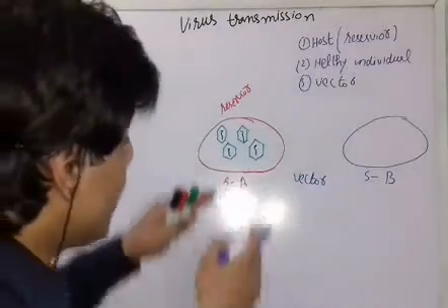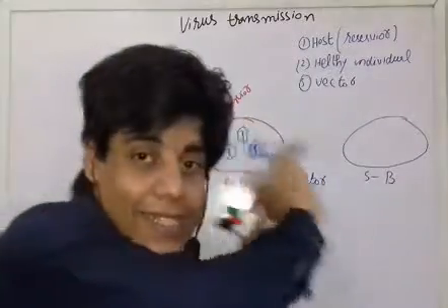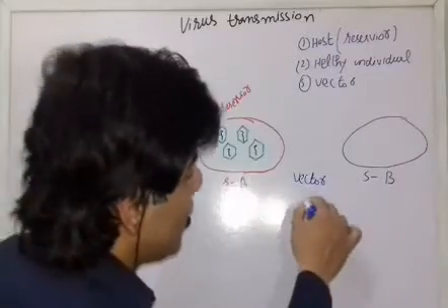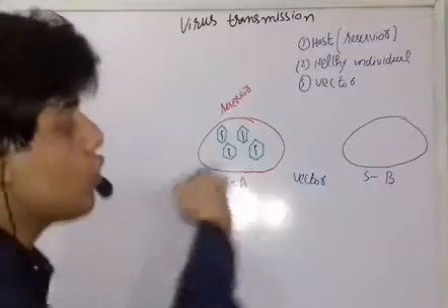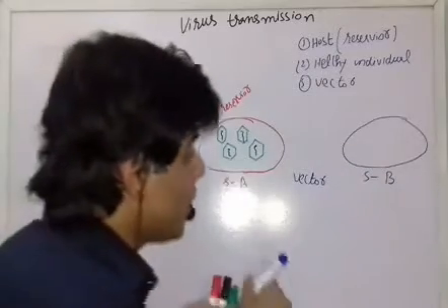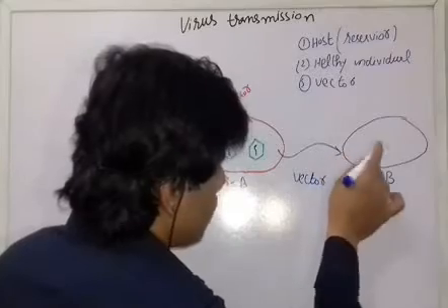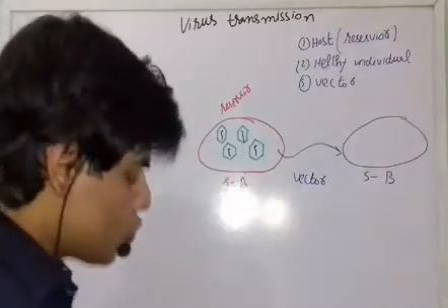The vector has the ability to take the virus infection. After it takes the infection, it will deliver the virus from the infected host to the healthy host. Now what do we get finally, when the disease is transmitted to specimen B, the healthy host, through the vector?